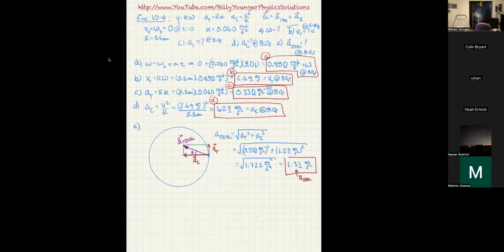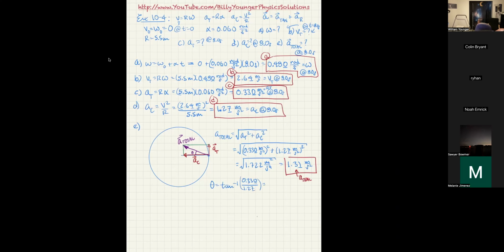And the angle theta can be given by our tangent function. So theta is equal to the tangent inverse of opposite, which is A tangential, 0.330, over adjacent, which is AC, that's 1.27, leaving the units off because they're going to cancel out anyway.